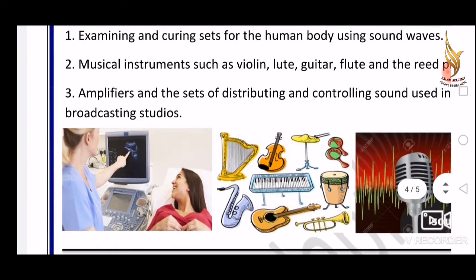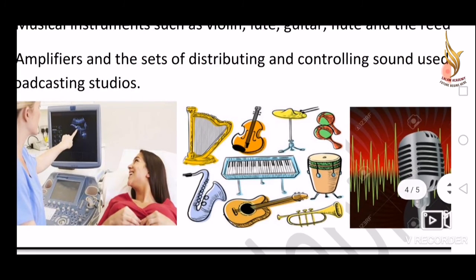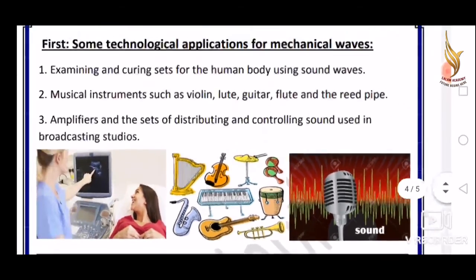It is used in musical instruments like violin, lute, guitar, and reed pipe. All of this depends on mechanical waves. It is also used in amplifiers, distributing and controlling sounds in broadcasting studios.